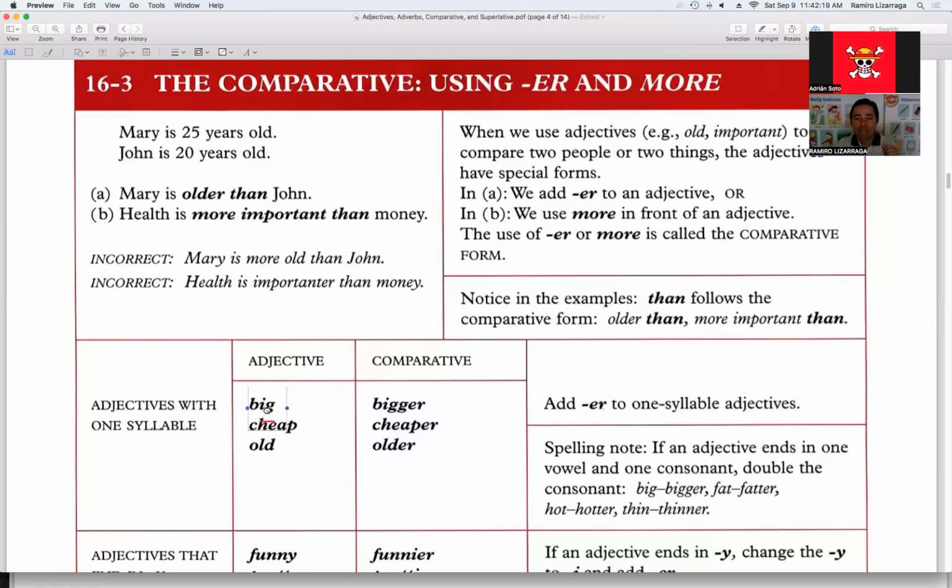So big, cheap, and old have only one syllable when we pronounce them. So if the adjective has only one syllable when we pronounce it, we have to add the er. Bigger, cheaper, older.